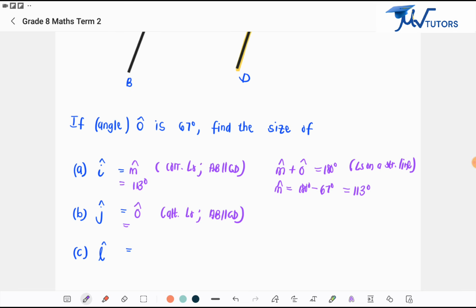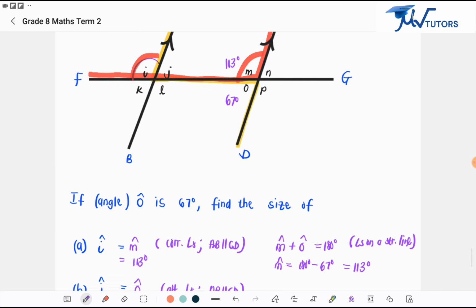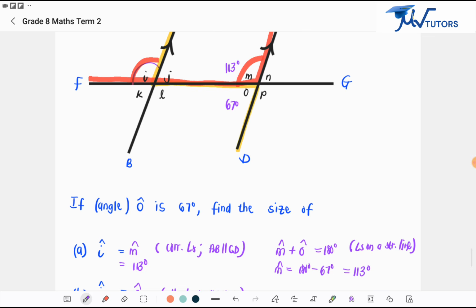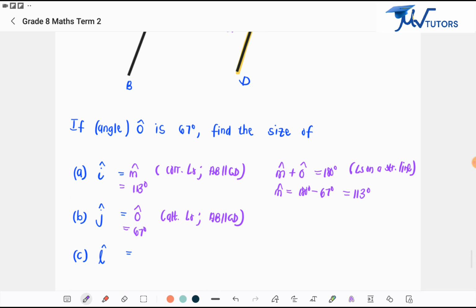So J is going to be equal to O, which is 67 degrees. You see why it's important to know how to solve for X that you did previously, because you're going to use it here in geometry. Okay. Now the third and last one, and then we're done with this lesson.